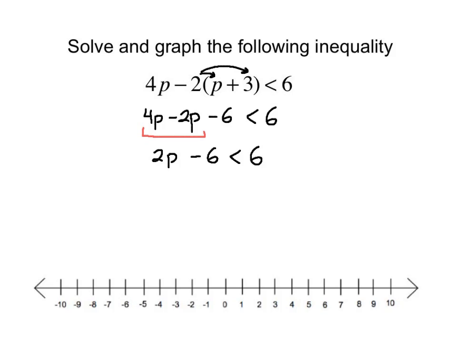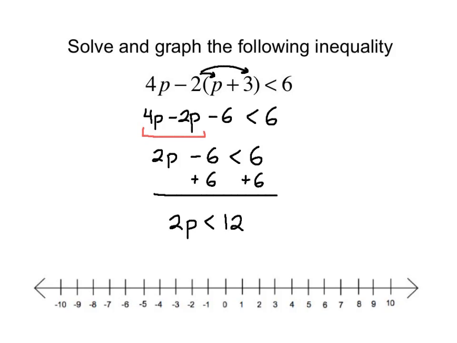So now I need to solve for the p. I have the p that's being multiplied by 2 and subtracted by 6. So by opposite order of operations, I need to undo the subtraction first by adding 6 to both sides. And this is going to leave me then with 2p is less than a positive 12.